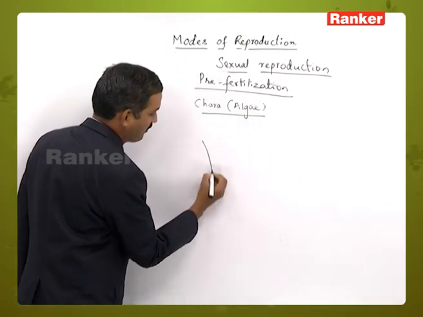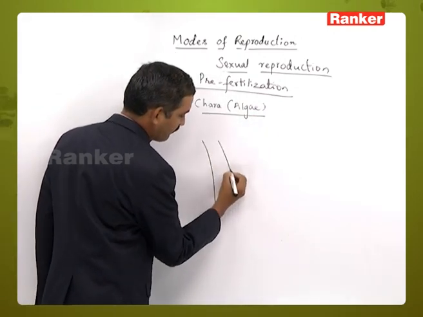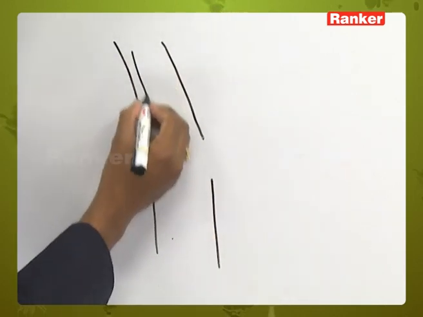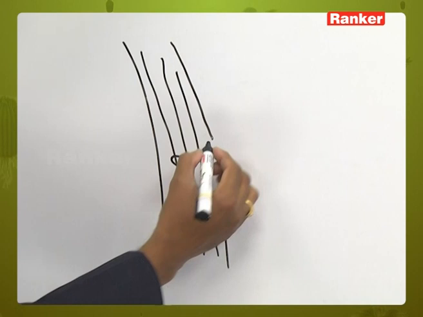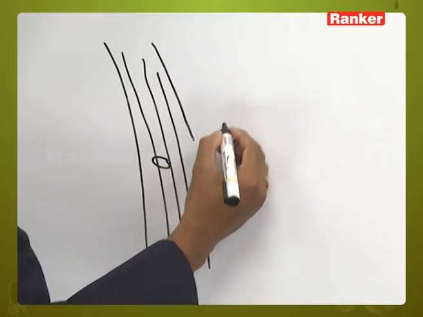Here, if we observe the structure of the plant body, it contains an elongated structure on which both types of sex organs are growing.